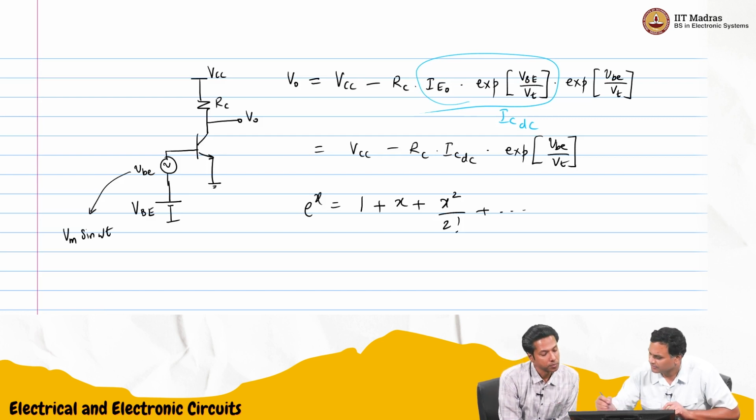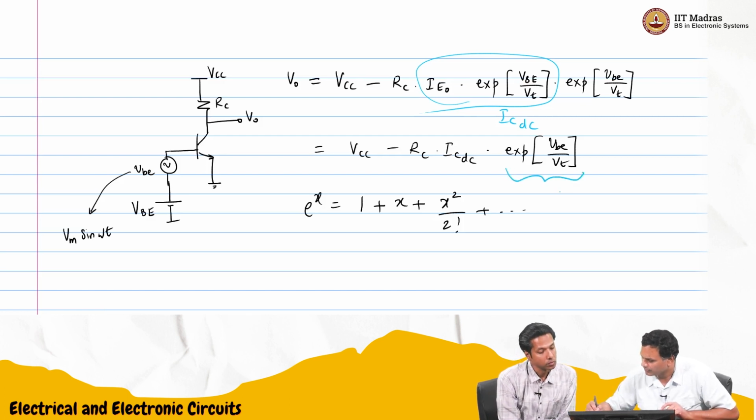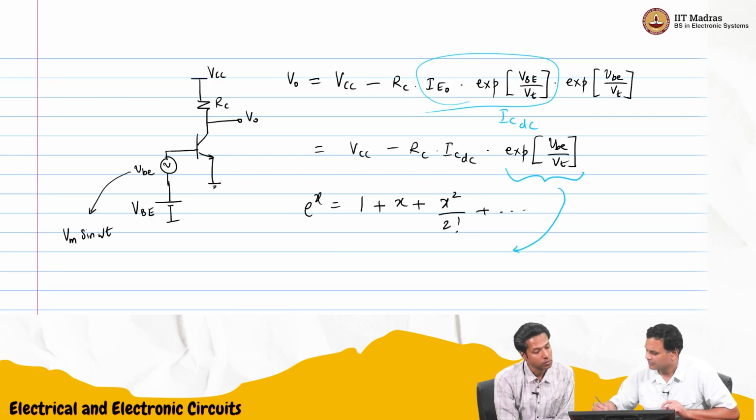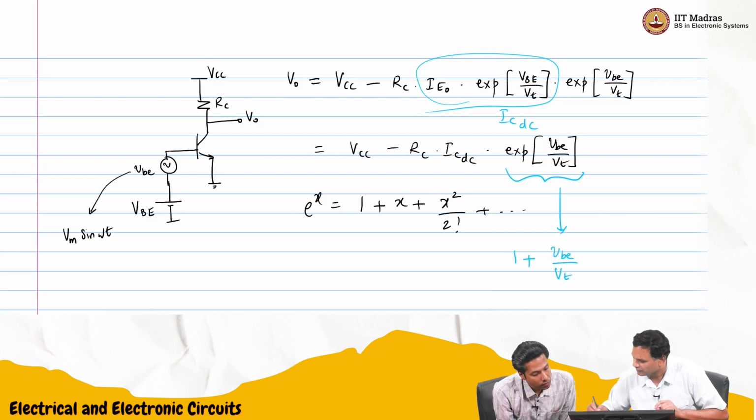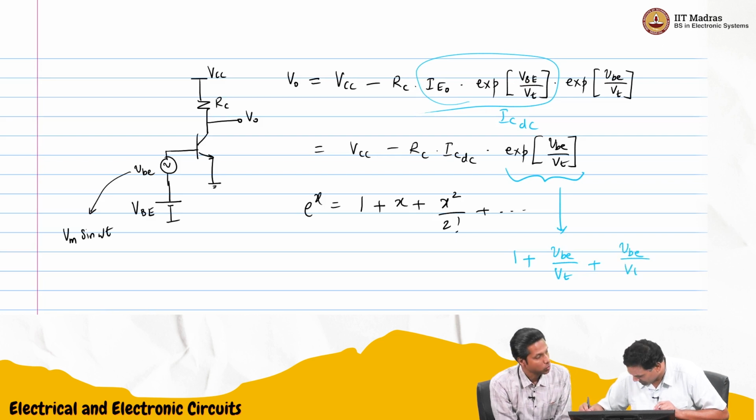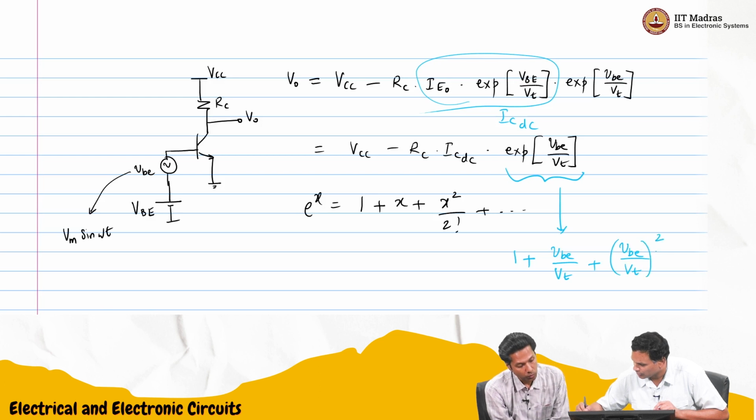So let's expand this first. This is 1 plus VB by VT plus VB by VT whole squared times half, plus and so on.